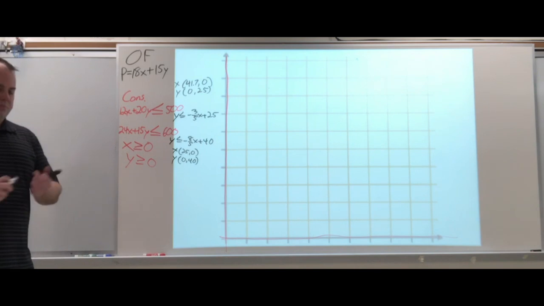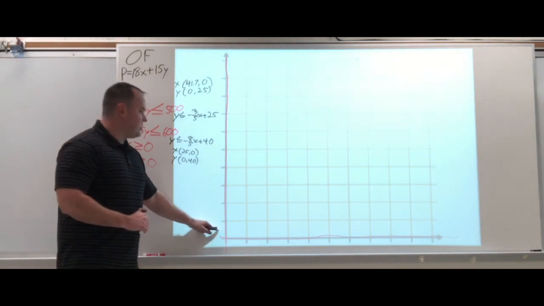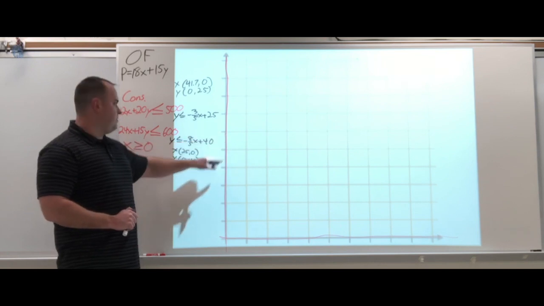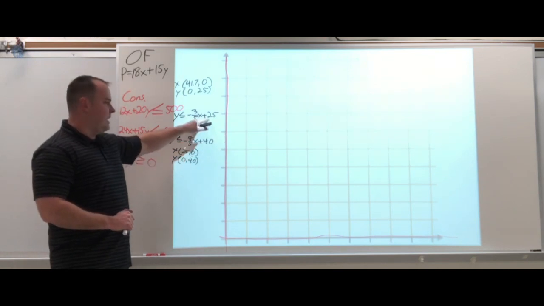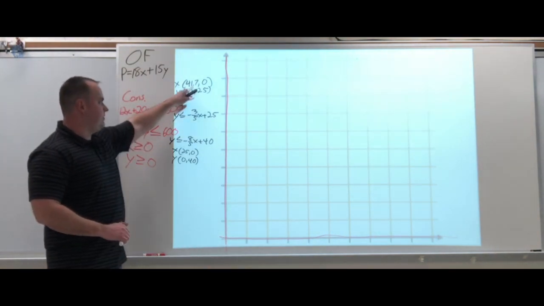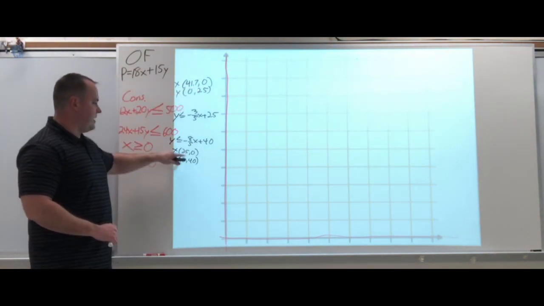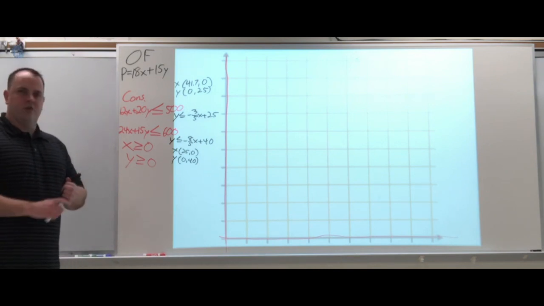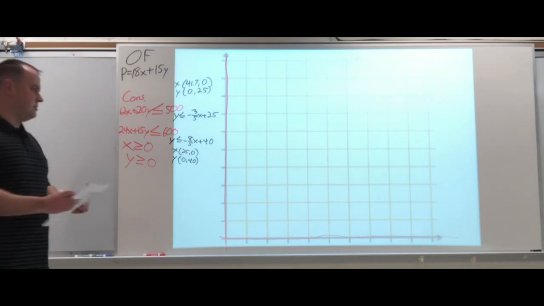Because now you can just plot, you know how much you need for the y, what the scale needs to be, because you know it has to fit 40, it has to fit 25. For the x-intercept, same thing. You know it has to fit 41.7, it has to fit 25. So now you just have an idea of where your points are going to be and what your scales need to be.